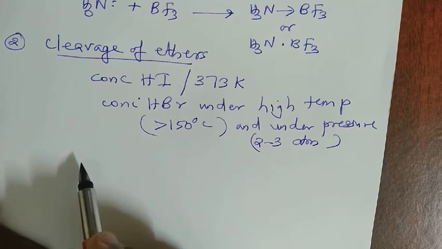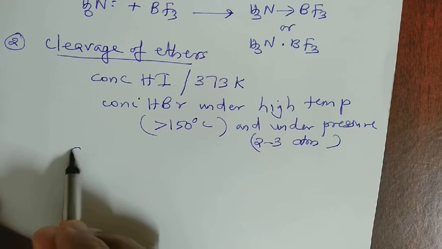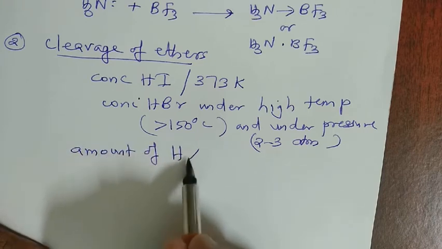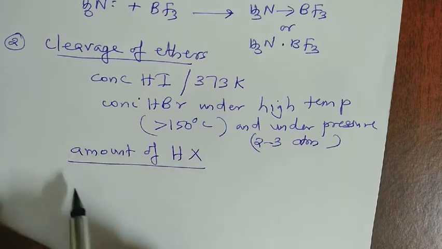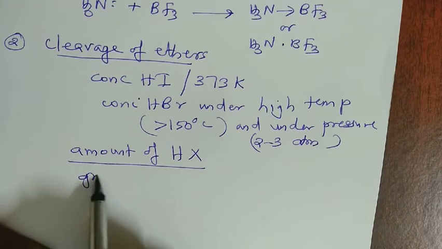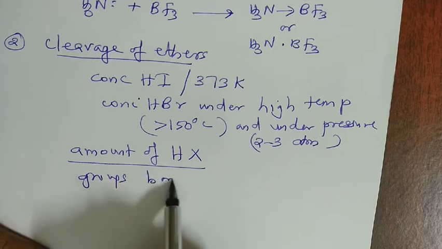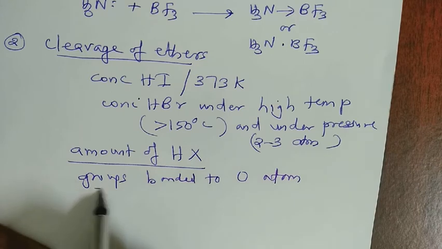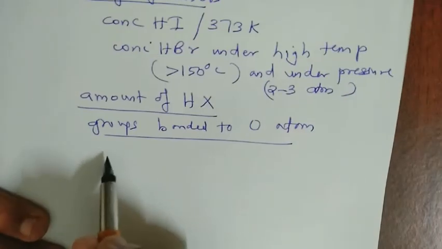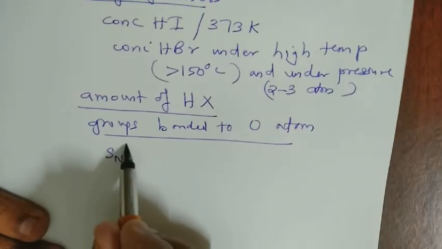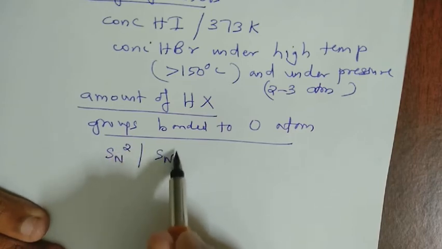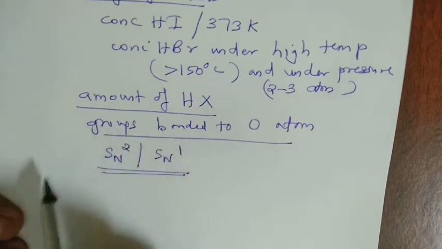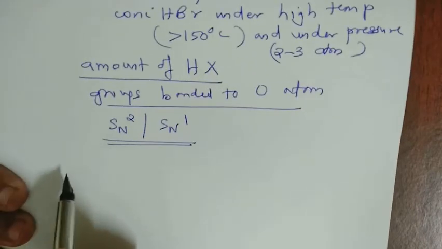The nature of products formed depends upon the amount of hydrogen halide used, as well as the nature of groups bonded to the oxygen atom. The mechanism of cleavage may be either SN2 or SN1. That also depends on the nature of groups bonded to the oxygen atom.